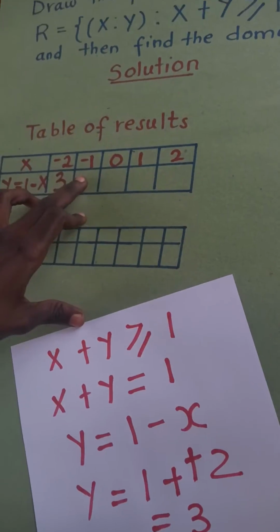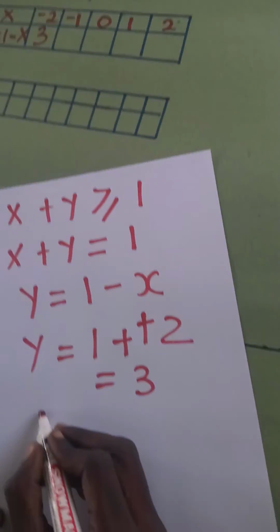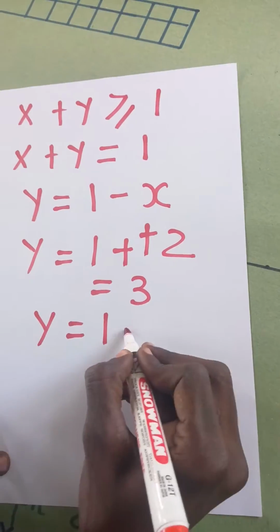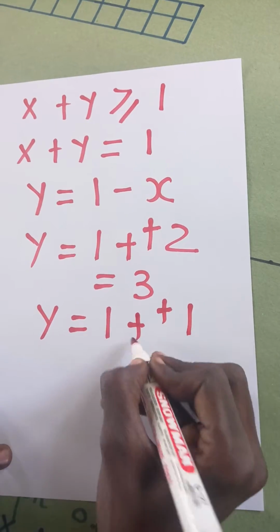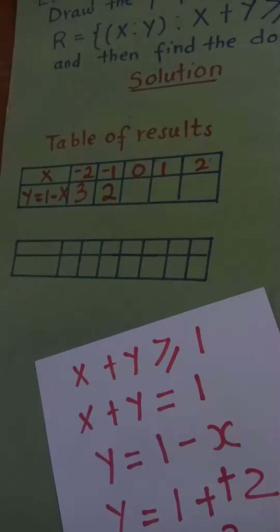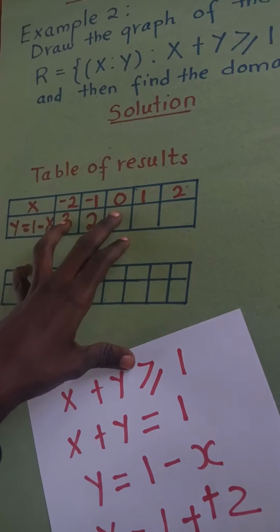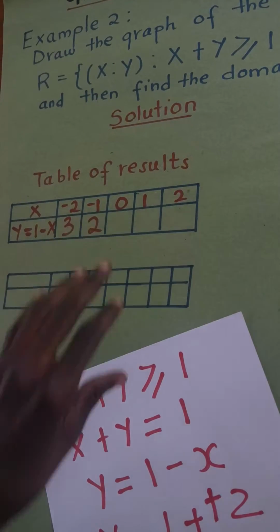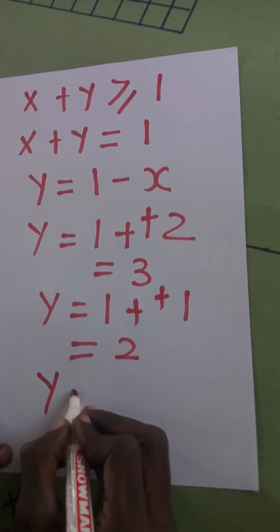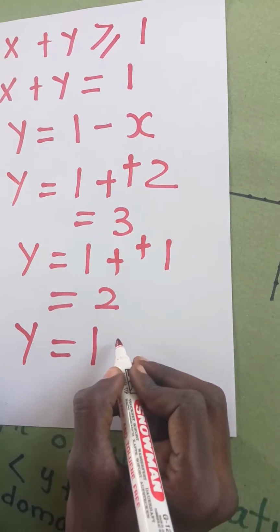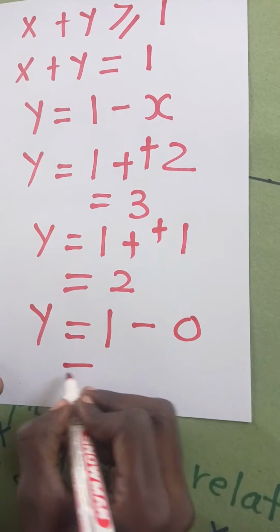When x is negative 1, y is equal to 1 minus negative 1, which is equal to 2. When x is equal to 0, y is equal to 1 minus 0, which is equal to 1.